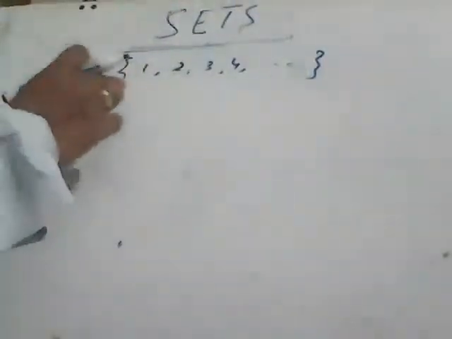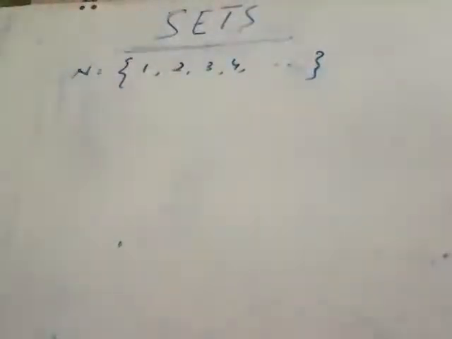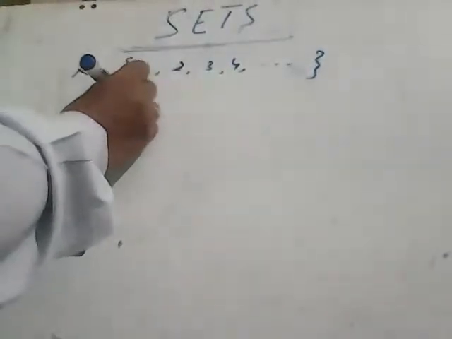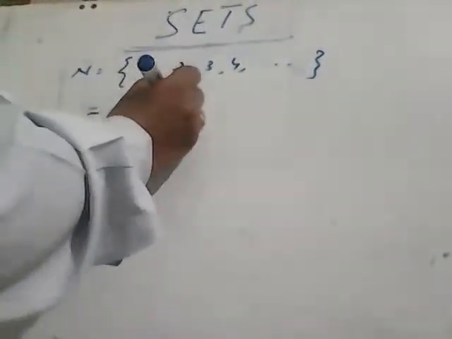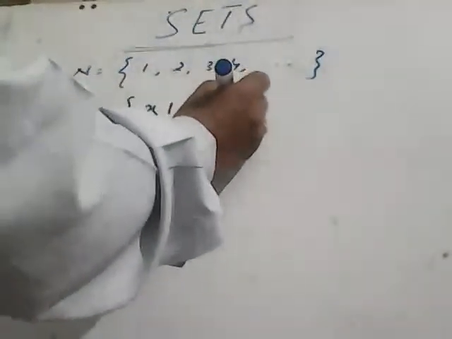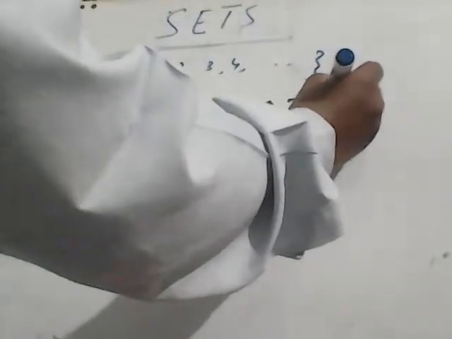This set is written with the elements. We are listing the elements. As it contains an infinite number of elements, we cannot write all of them. In symbolic form, we write three dots, which stand for and so on. You know this. If you write this in set builder form: x such that x is a natural number.